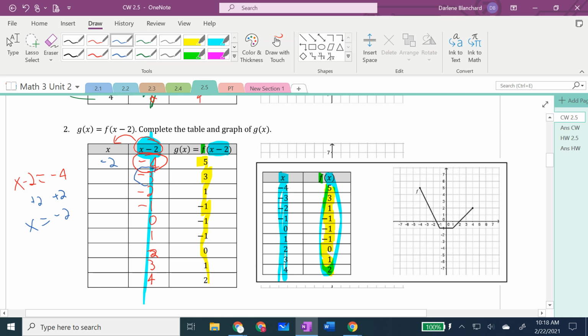And then negative 3, if x minus 2 is equal to negative 3, then what does x equal? Negative 1. What am I doing to go from this column to this column?